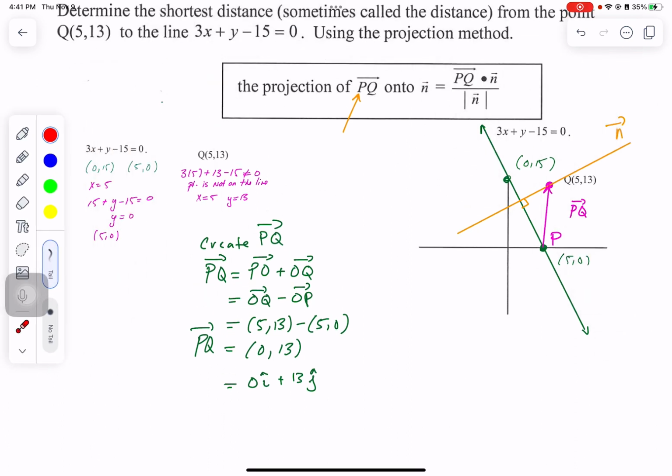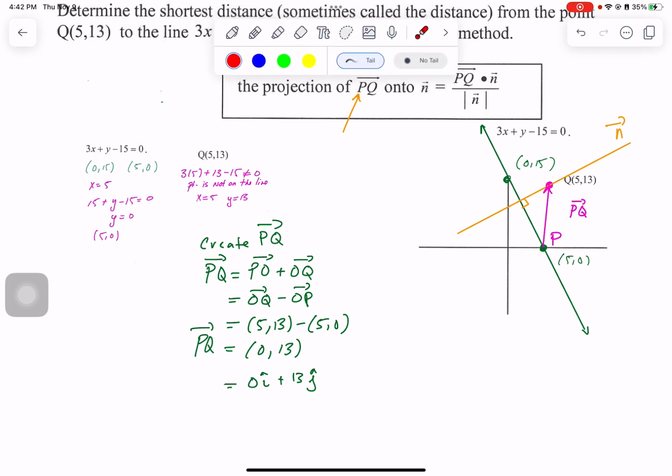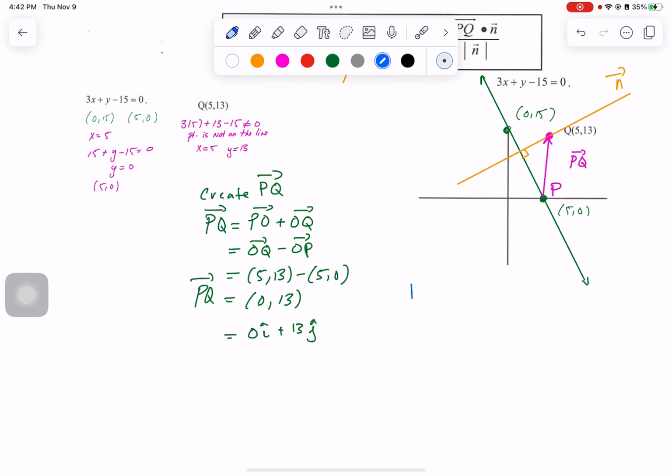Let's have that. Oh, it bounces. That's kind of cool. All right, back. I'm going to grab a color that I'm happy with. So I'm going to project PQ onto the normal. We know a little bit about that normal because we know the scalar equation of the line.